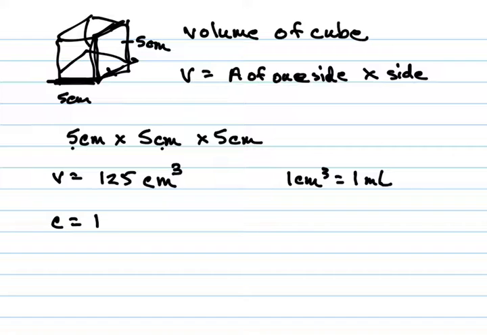So that means that 125 cubic centimeters would be 125 milliliters, because centimeters cubed to milliliters is a direct conversion, so the number wouldn't change. From that point, you could change it to liters, whatever measurement you needed. But in this case, the question just wants to know how many milliliters it is, so we're fine.